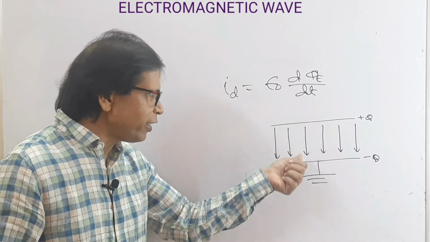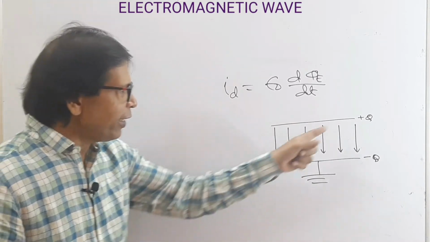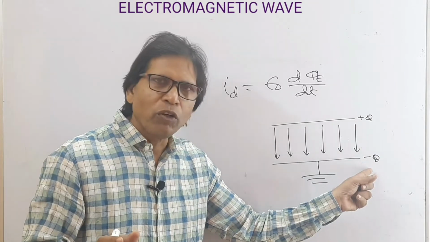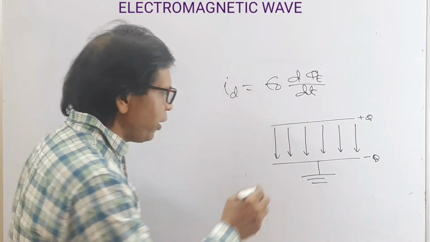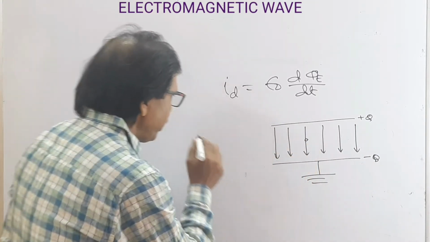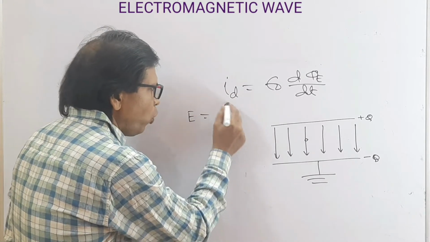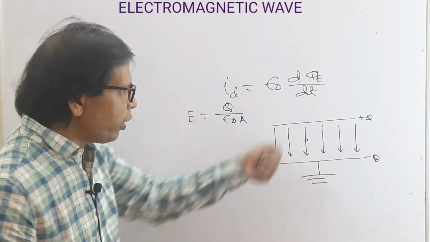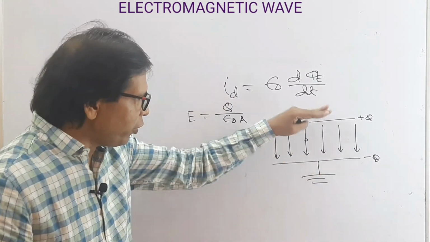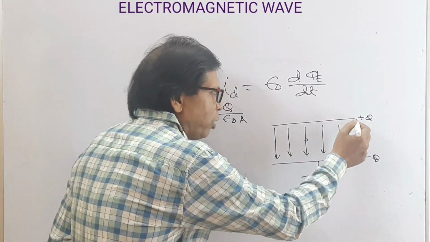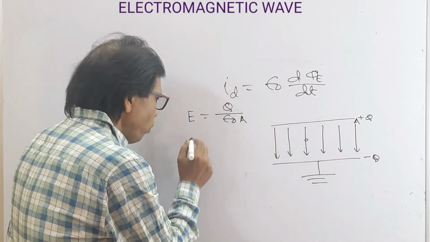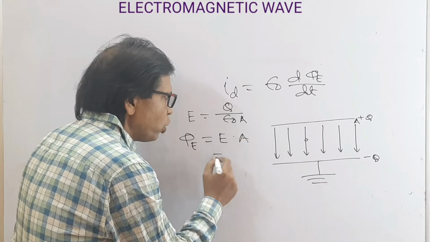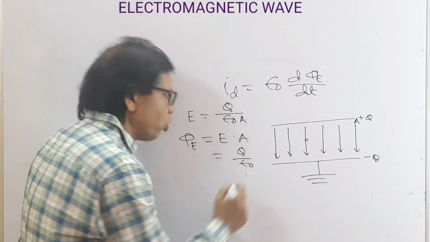Look at this parallel plate capacitor. Instantaneous charge is plus q and minus q. So the electric field at this point is equal to q divided by epsilon naught A. Now the electric flux in this region, if this is the area A, phi E equals E into A, so this is Q by epsilon naught.